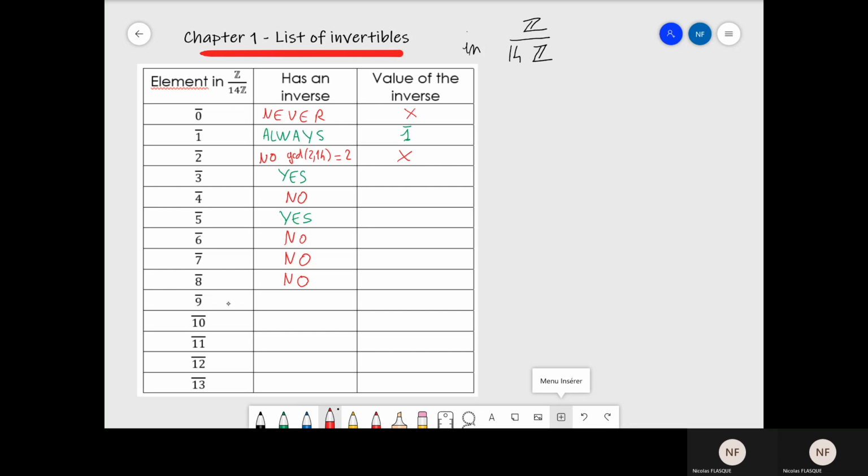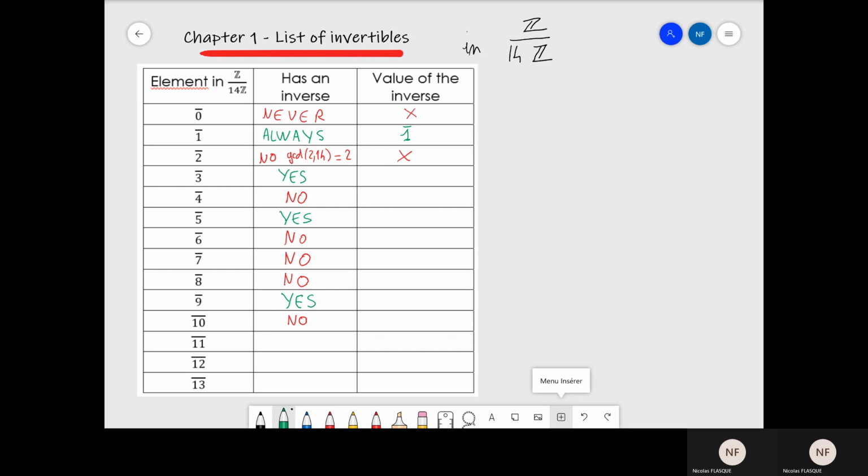9 is 3 times 3. So the GCD of 9 and 14 is equal to 1. So 9 bar has an inverse in Z over 14Z. The GCD of 10 and 14 is 2.